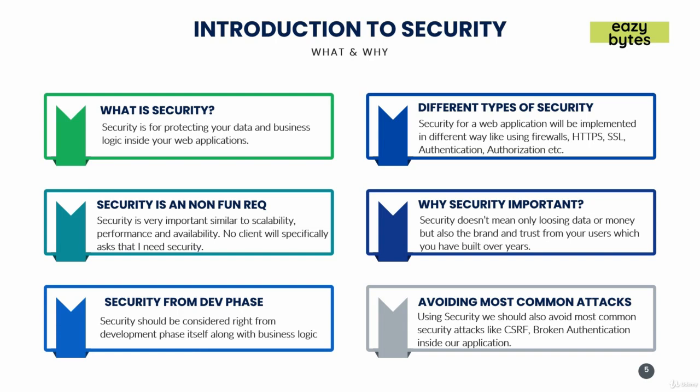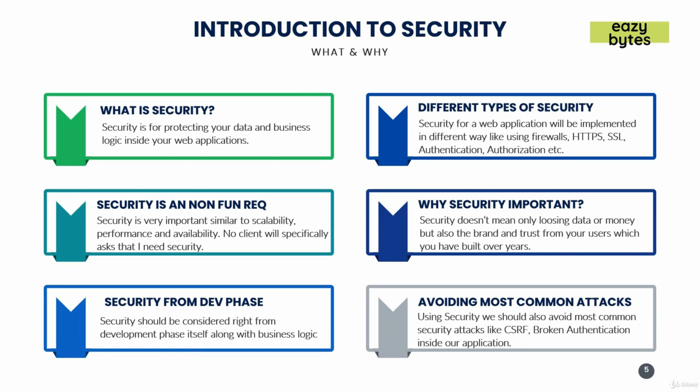But coming to the backend code, it's very crucial to protect that, and at the same time the data that is staying inside your database also needs protection. In order to do that, we follow many security measures which we'll be discussing in future lectures. For now, please remember security is protecting your data and business logic present inside your web applications.